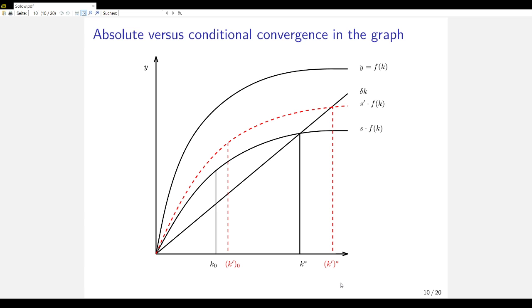So it could very well be the case that even though the country that is associated with these red lines here has an initially higher per capita income level, it still grows faster than the other country because it's farther away from its steady state. So therefore, we do not observe absolute convergence in the Solow model. So what the Solow model predicts is conditional convergence.